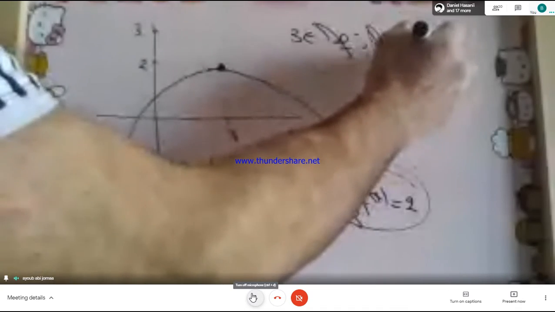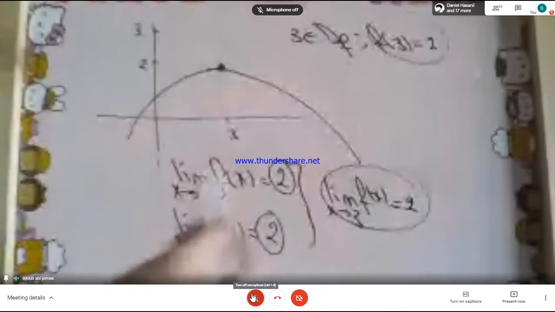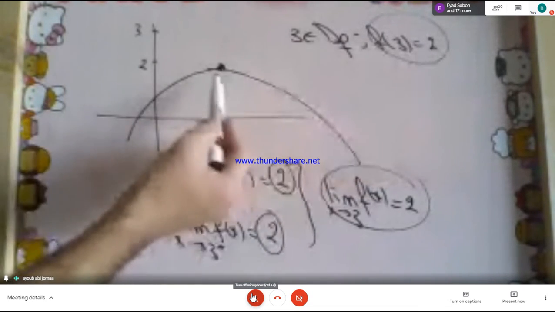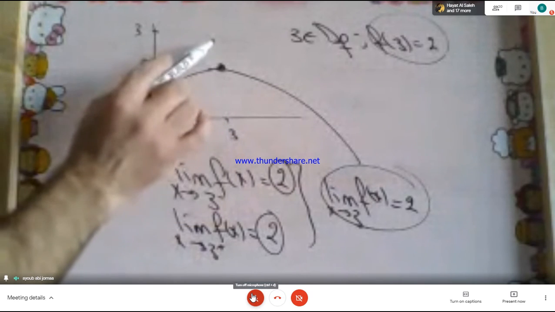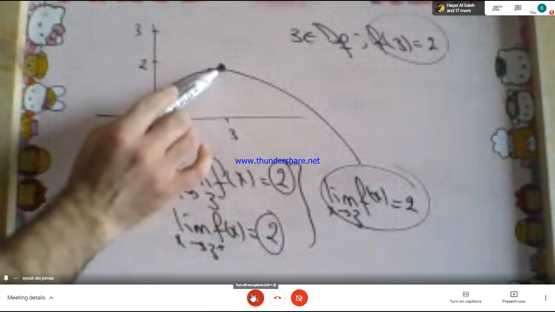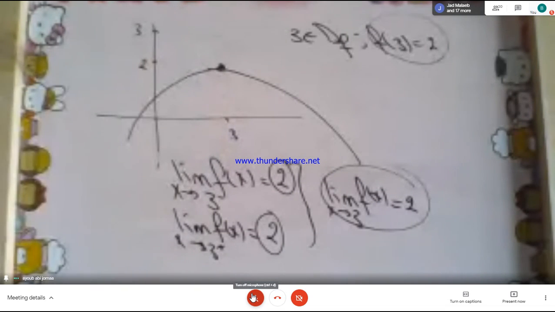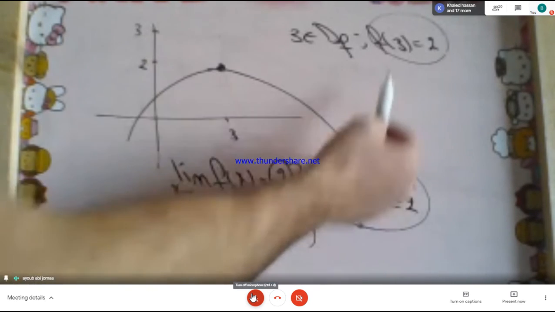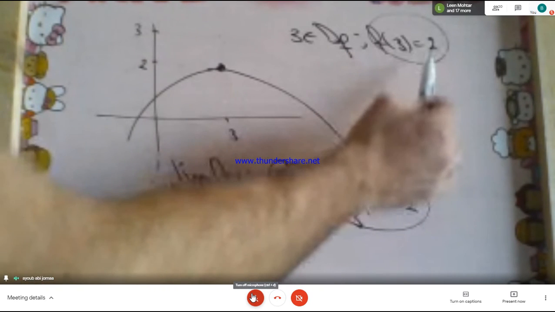So if f of 3 is equal to 2, which is equal to the limit, then it will be continuous. If we change here, f of 3, we wrote it 2. So as if here we shifted this point to this point. Translate this point to this point. In this case, the function will be continuous. And in this case, the limit as x approaches 3 will be equal to f of 3, which is equal to 2.